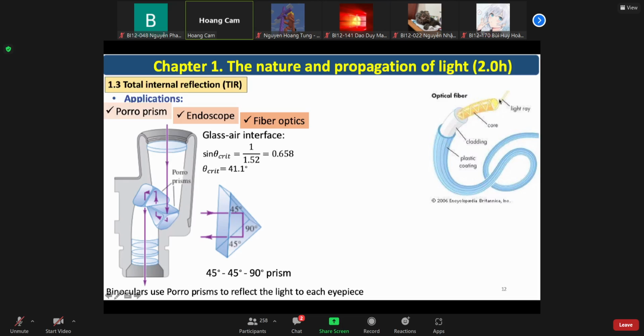So we have the TIR inside that, so the information can be transmitted. So with the development of the optical fiber, we can do information communication like this.